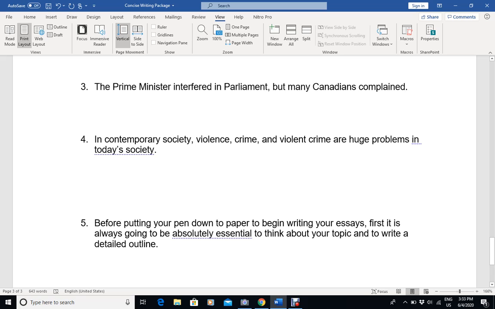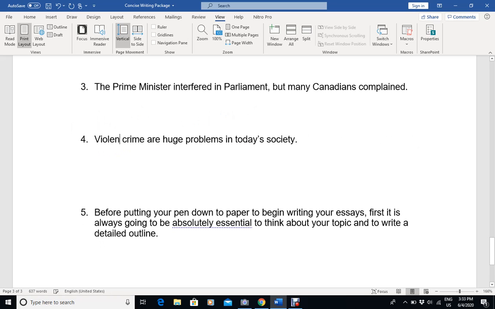Notice that we've got society, violence, crime, and violent crime. We have contemporary society and today's society, and that's a repetition. So we can simplify this and maybe just say something like this: "Violence and crime are huge problems in today's society," and we've gotten rid of that repetition.